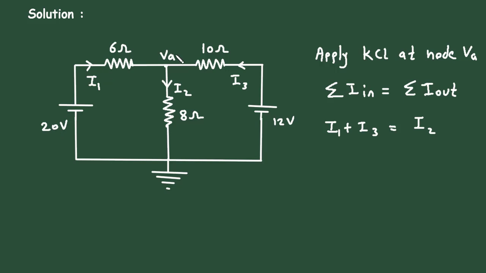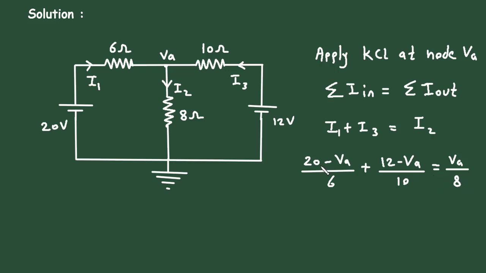Now the I1 in voltage form is higher voltage minus lower voltage divided by resistance. That is 20 minus VA divided by 6, then plus I3. Now I3 will be 12 minus VA divided by 10, is equal to I2, VA minus 0 divided by 8.